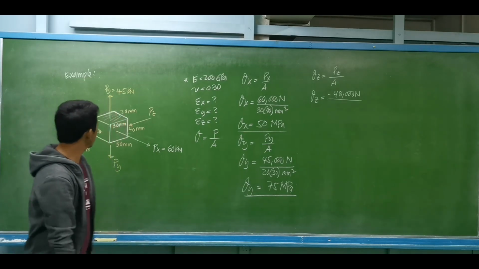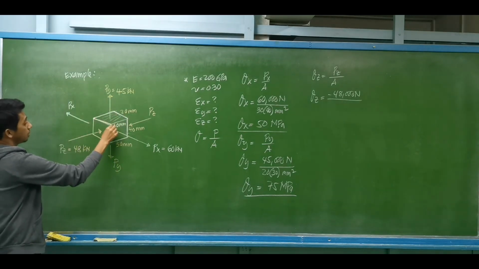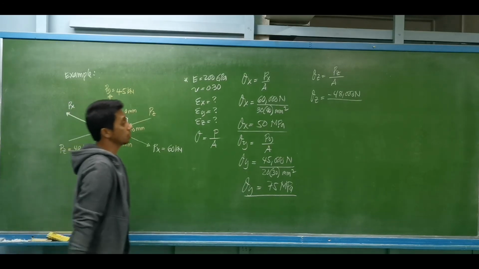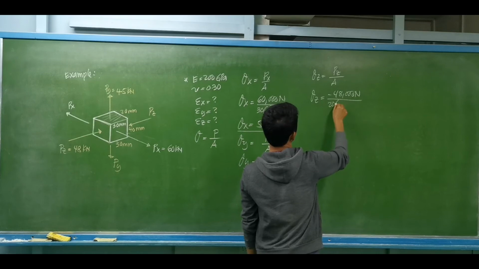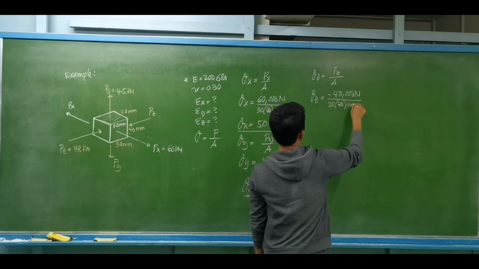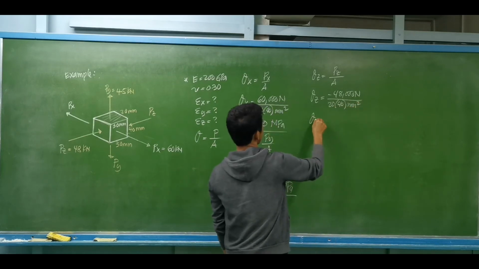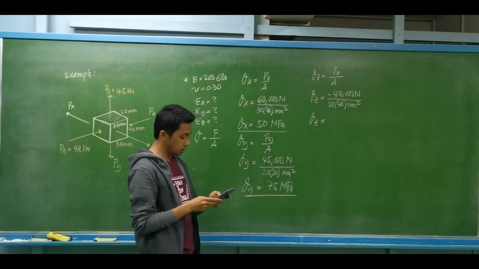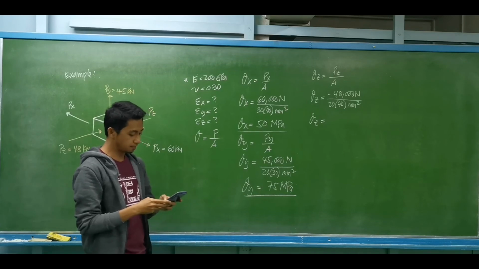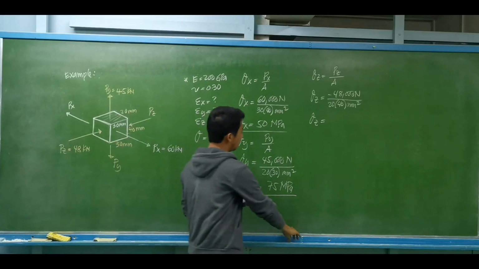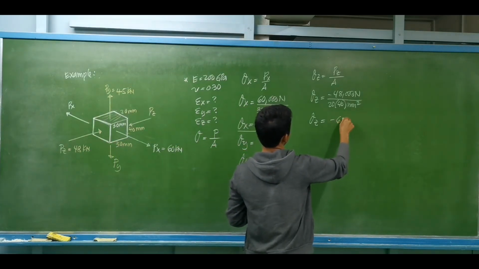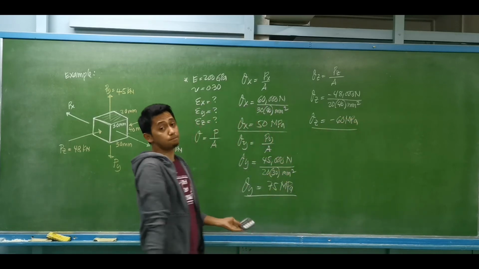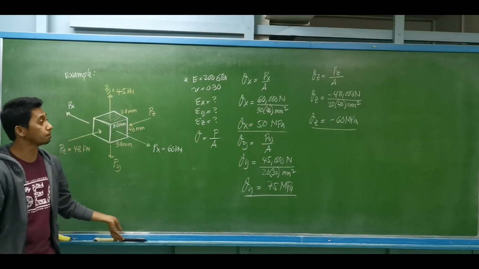The perpendicular area is 20 mm by 40 mm, so this is divided by 20 by 40 square millimeters. So sigma z is equal to negative 60 megapascals. Again, it is negative, since it is under compression.